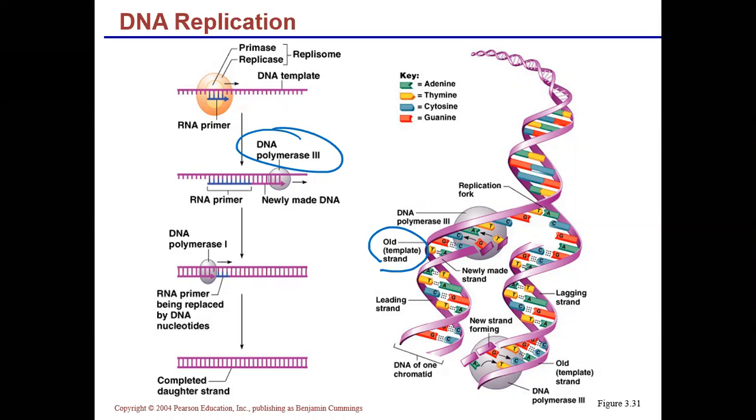What happens is, you keep the old strand, you're making a new one according to the base pair rule that we discussed. All right. A pairs with T, G pairs with C, and that's pretty much it. So you need a DNA template.